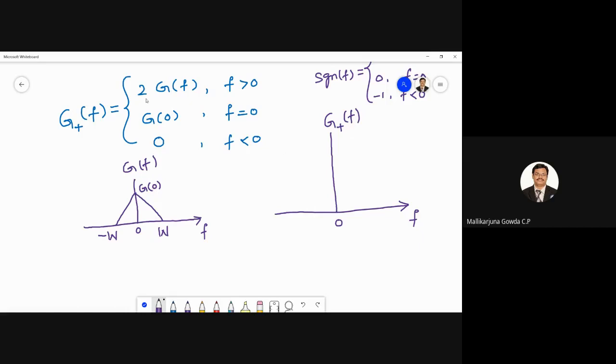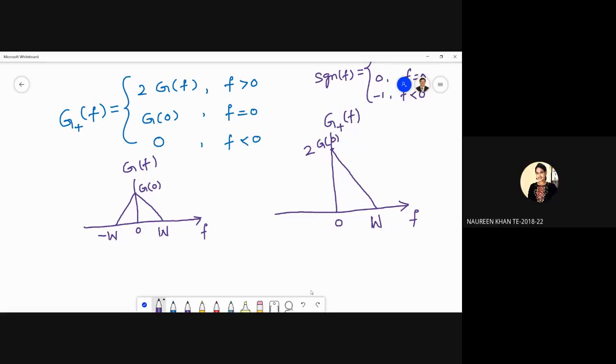So with a magnitude of 2 times. So this is W, because it is eliminating the negative frequency component of the original signal G of f, and only it retains the positive frequency component of the signal. So this is my G plus of f.